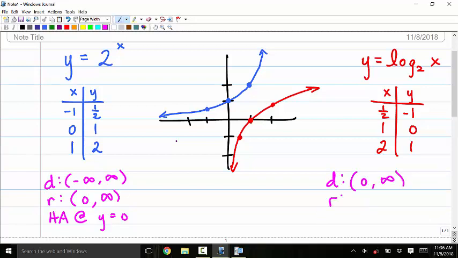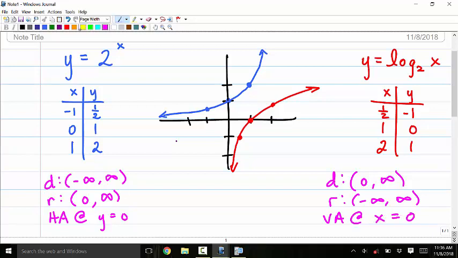My range for the red function goes way this way and goes way up that way. All real numbers. Is there a horizontal asymptote for the red? No, it's a vertical. There's a vertical asymptote at x equals 0.